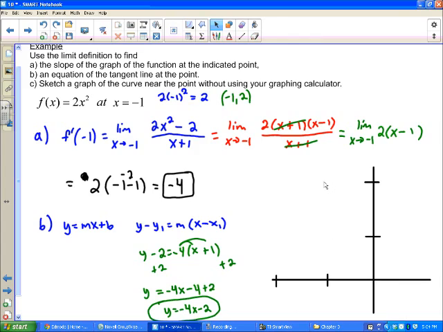We know that it goes through 2, so I might make these a little smaller, make this a little longer. Okay, so we know it goes through the point -1, 2, because when we plugged in x equals -1, we got the value 2. So we know our graph goes through this point. We know that the tangent line of this graph is going to be y equals -4x minus 2.